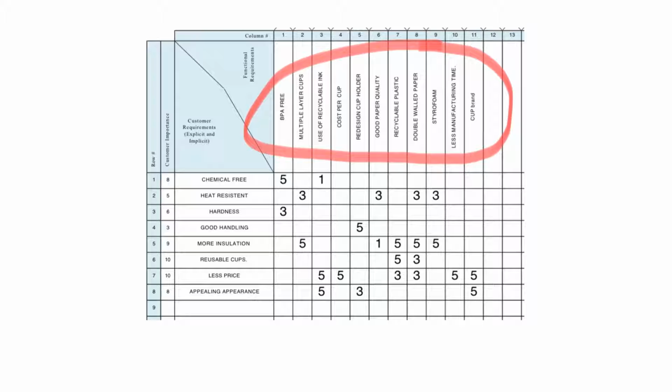Use of recyclable ink is a solution to our reusable cups need. Cost per cup is a manufacturing need which is related with the lesser price as a customer requirement. Redesigning of the cup holder, good paper quality, recyclable plastic, double walled paper, styrofoam, less manufacturing time, cup brand. I will go into detail with all of these engineering solutions.